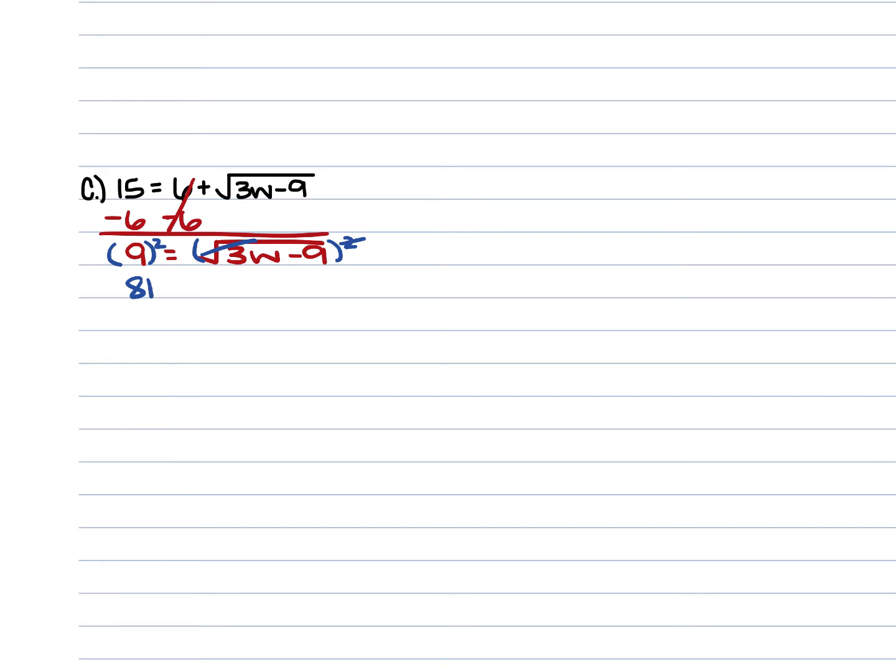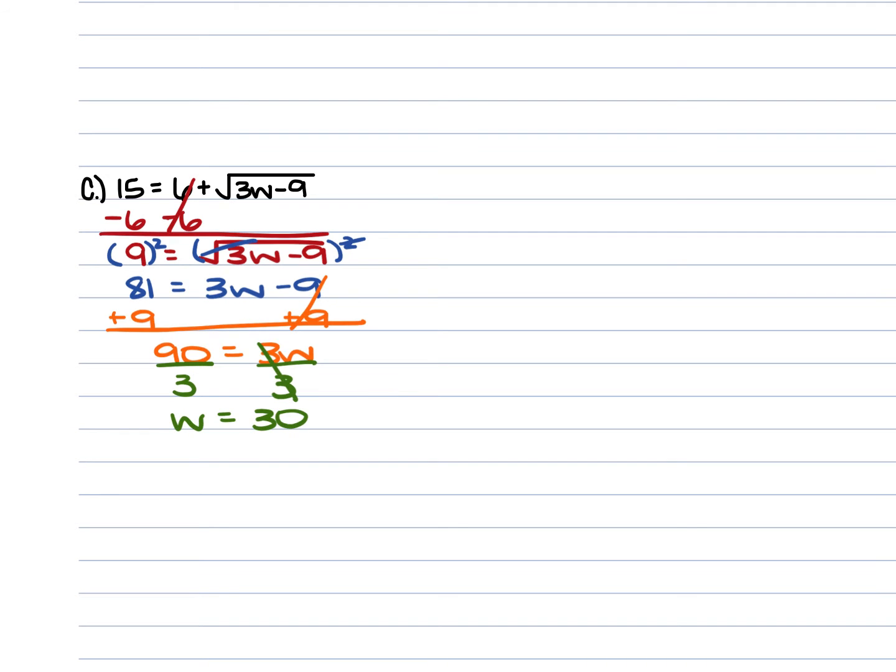So this gives us 81 is equal to 3w minus 9. We're going to add that 9 to both sides. So this gives us 90 is equal to 3w. We divide each side by the 3 to get w by itself, and w is equal to 30.